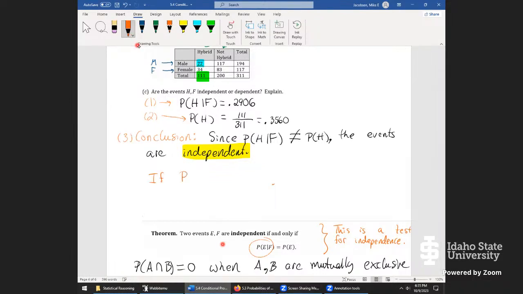If probability H given F is directly equal to the probability of H, then H did not depend on F occurring or not. But that's not what happened to us.